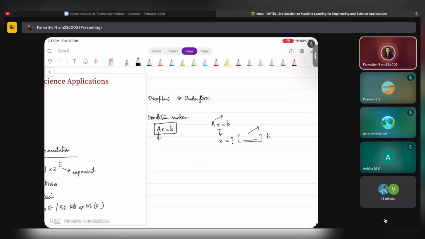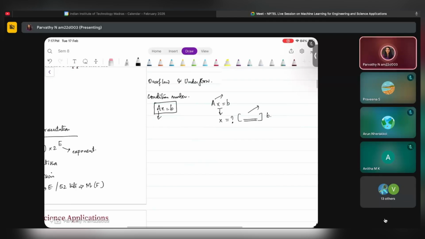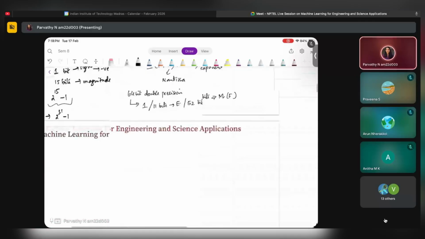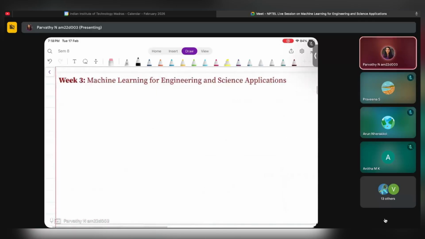Now, the second video starts with discussing derivative, gradient, Hessian, Jacobian, and Taylor series. When we talk about derivative, it is a measure of how much a function changes when the input changes slightly.